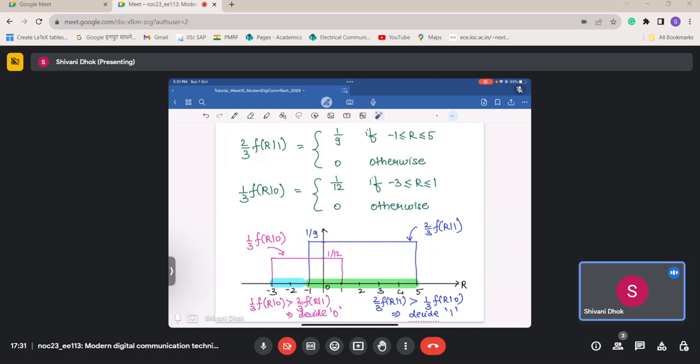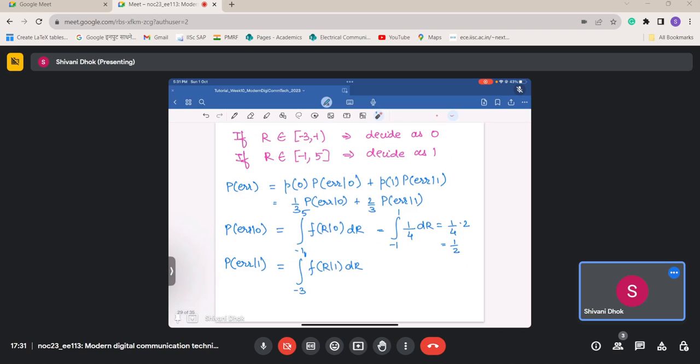Your PDF of r given 1 lies elsewhere, however we want to integrate in this region. So there is no overlap, which means this quantity is 0.